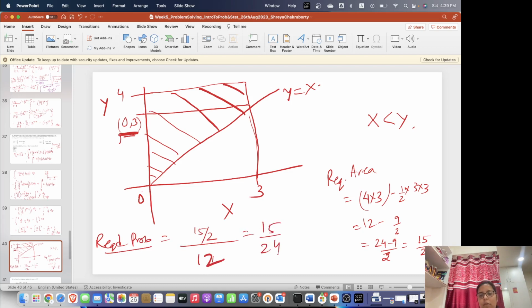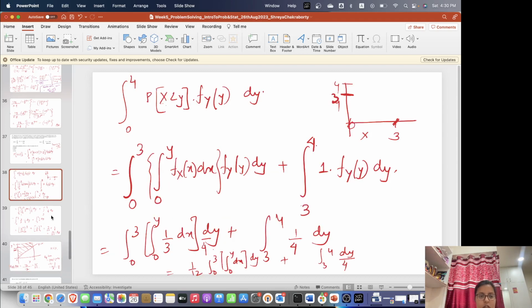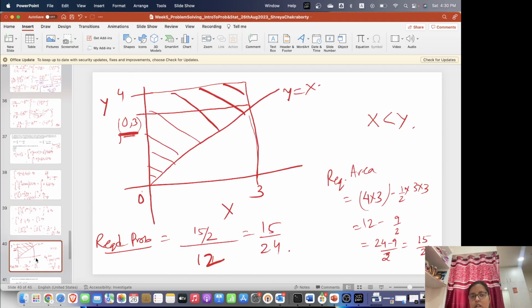So we'll have 15 by 24. Okay. So if you have something uniform, and if this method is difficult, then you can always plot it on a graph and get the area which we need.